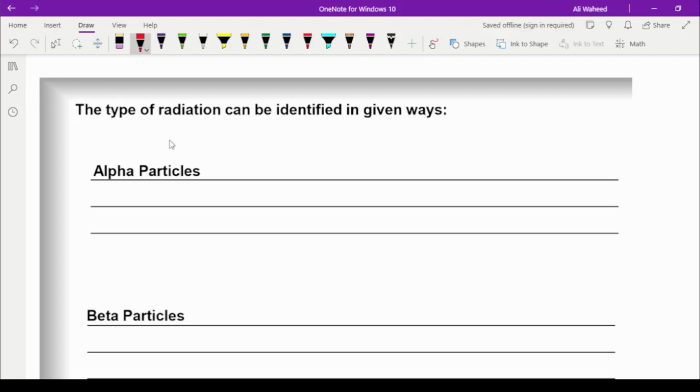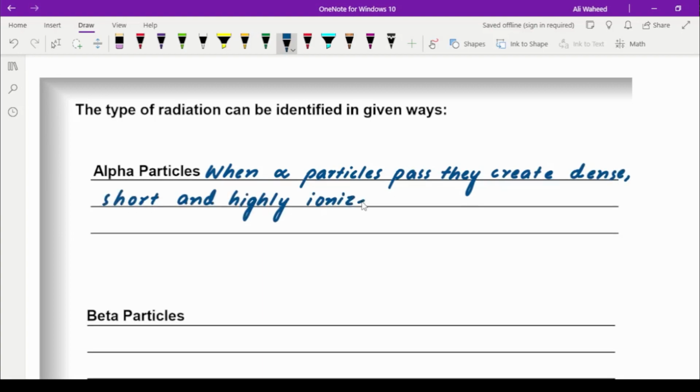So what we write here is this thing. Now you should be able to explain each word here. For example, why do they create a dense track? Because they have high mass. Matter of fact, they have the highest mass comparatively.